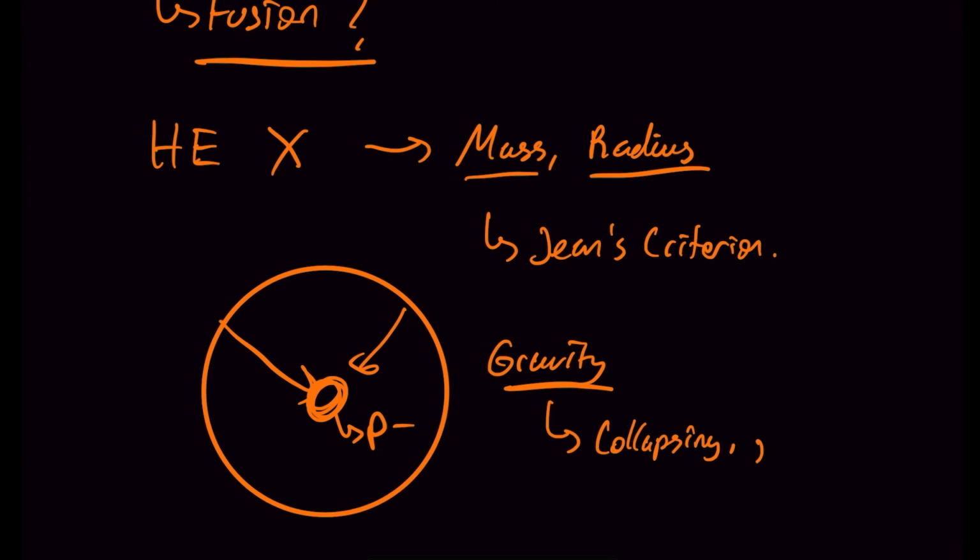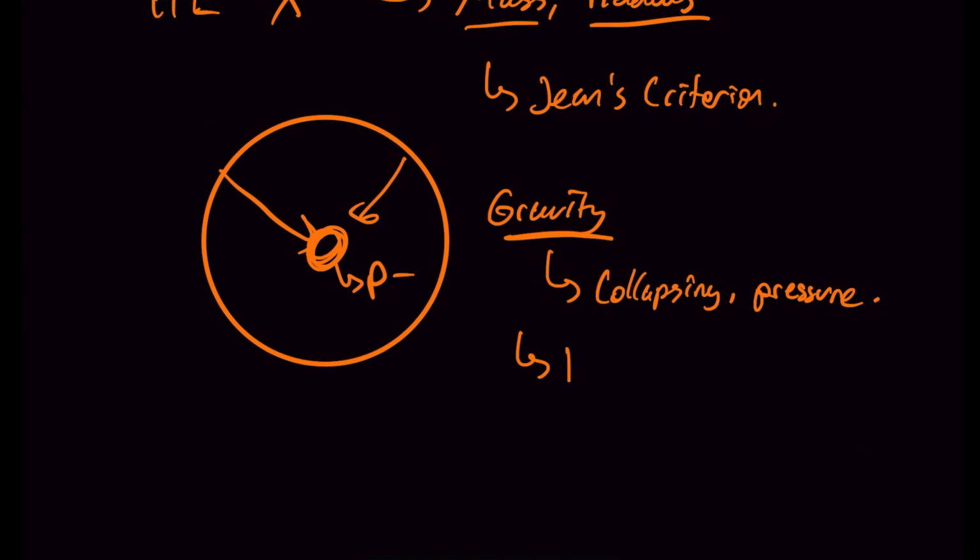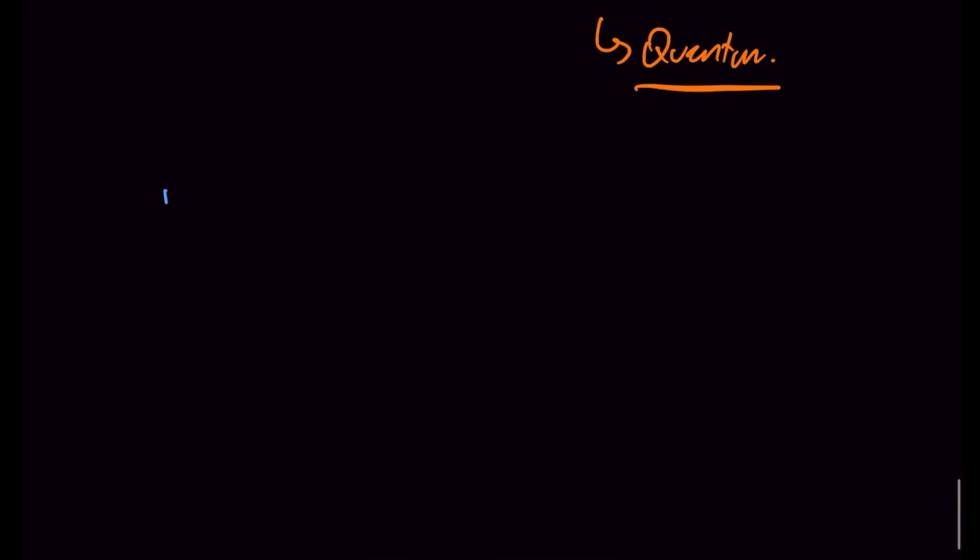And that keeps on building up more pressure, which still is not enough. The core is not getting hot enough. It's not getting dense enough until it does. This is when the core gets so hot and so dense that quantum effects start taking over to start nuclear fusion. Let's talk about how that happens.